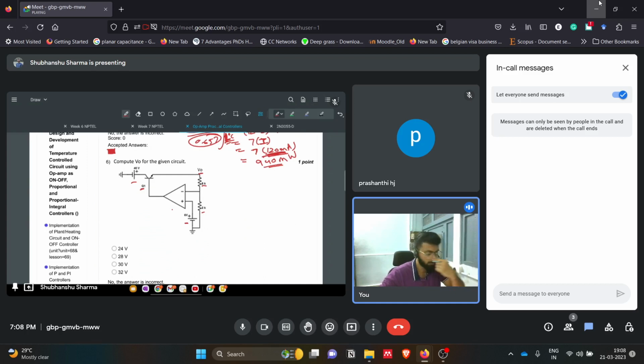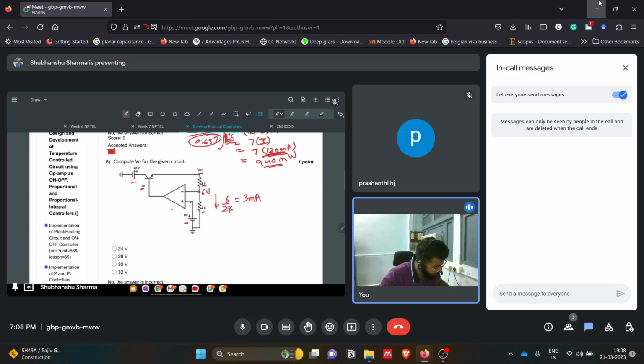So how will you approach this? We have a negative feedback circuit here. We have 6 volts here and 6 volts here, so we can get the current also. The current will be 6 by 2K, that is 3 milliamps.